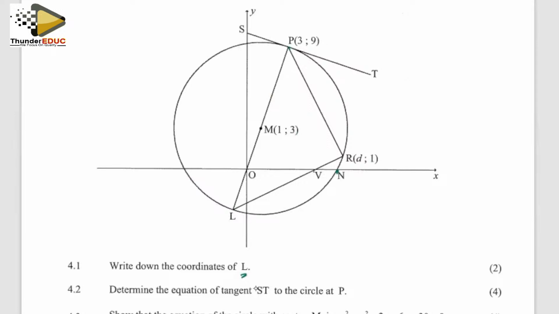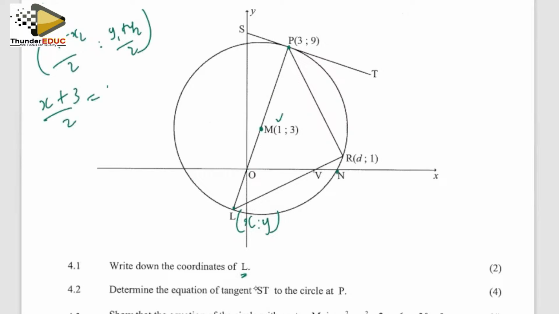The quickest approach to use in this case was the midpoint method, because we know that this M is the center, which is the midpoint of this and this. So we know that if we have x1 plus x2 divided by 2, and then we have y1 plus y2 divided by 2, this is the midpoint formula. So if I get x, we're saying L is (x, y). So x plus 3 divided by 2, I should get my x value, which is a 1.